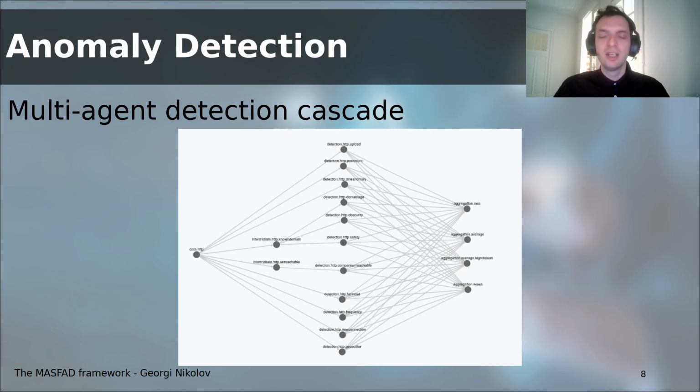In the middle, we can have simple agents that work independently in parallel, or we can chain them together and connect them to create more sophisticated analysis, where one agent analyzes a piece of data and its result is further analyzed and filtered. That way, the goal is that each step of the cascade is going to be more precise, leading to the right side where we create the suspiciousness score through the aggregation.